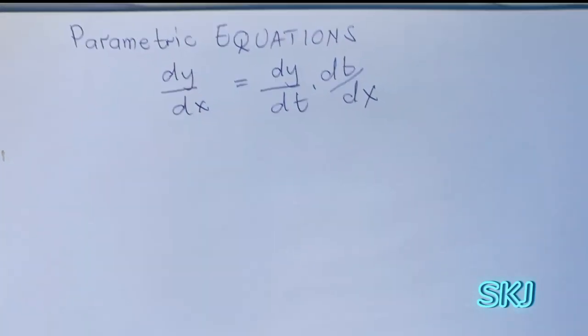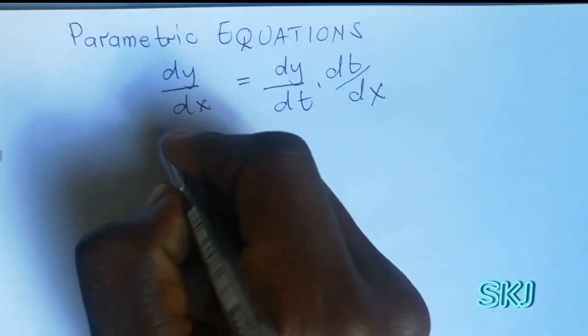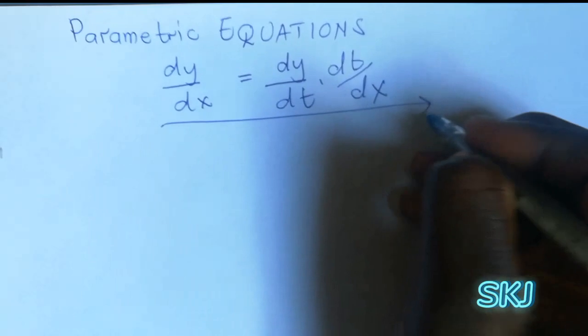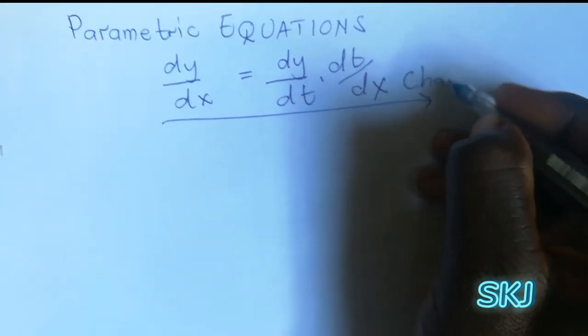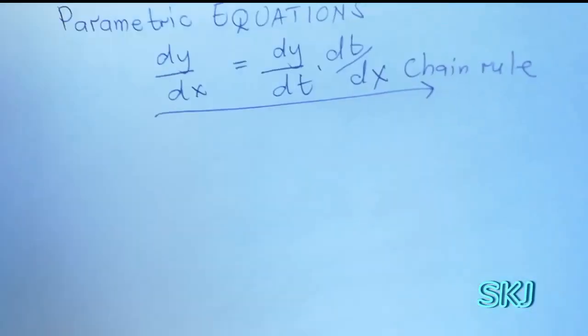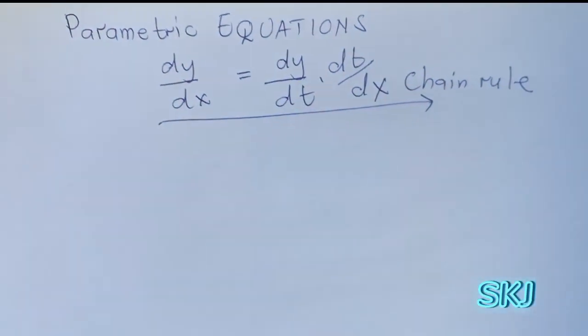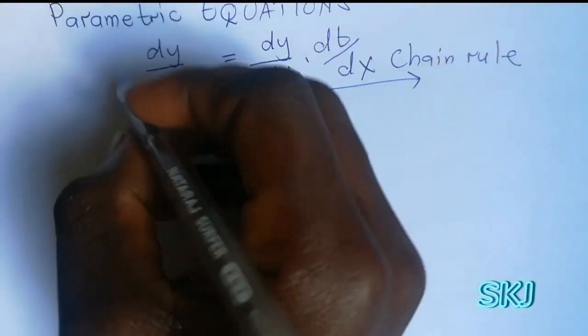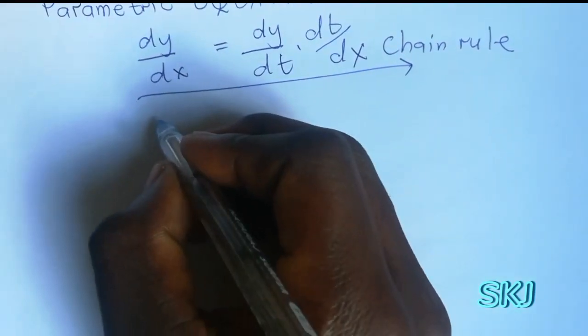This is called the chain rule. There is also the product rule and the quotient rule. Let us start with this example.